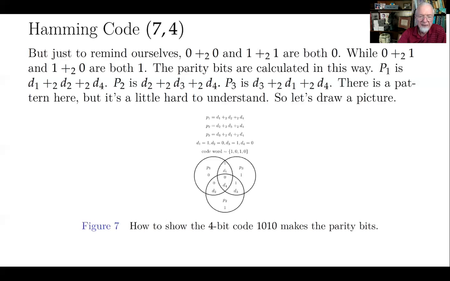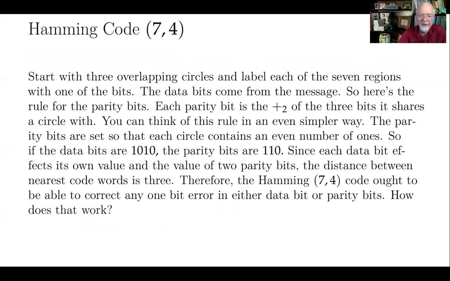he was able to show how to correct this. Now, we're going to use a different set of symbols here. This was simply an idea to show you how you can do it pictorially, but it's much easier to deal with it in actual mathematics. And we'll take a look at what the picture looks like. You've got 3 overlapping circles and a label for each of the 7 regions.